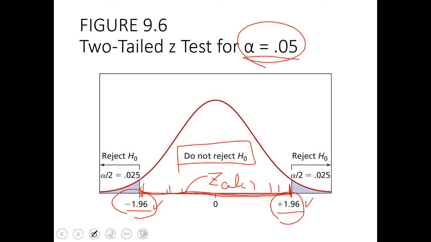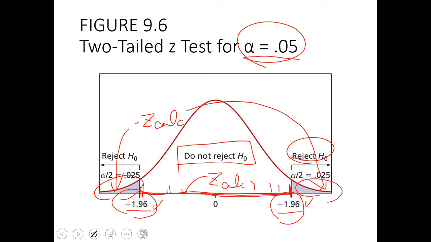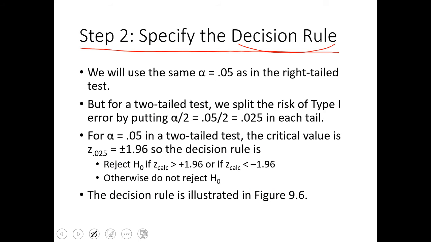But if our z statistic is located in this area or this area, the left tail part and right tail part, then we reject this null hypothesis. The left tail part starts at minus 1.96, and the right tail part starts at plus 1.96. That is our decision rule.